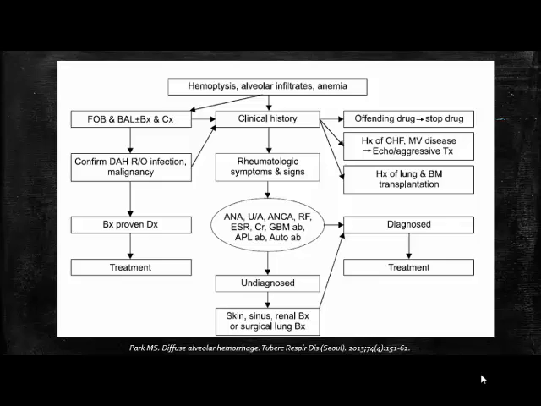If the patient had a history of lung or bone marrow transplant, you need to start thinking of rejection, as well as DAH associated with bone marrow transplant. You also need to consider ordering specific blood work: ANA, sed rate, anti-GBM, antiphospholipid antibodies, and BAL eventually in order to diagnose DAH as well as to rule out infection.